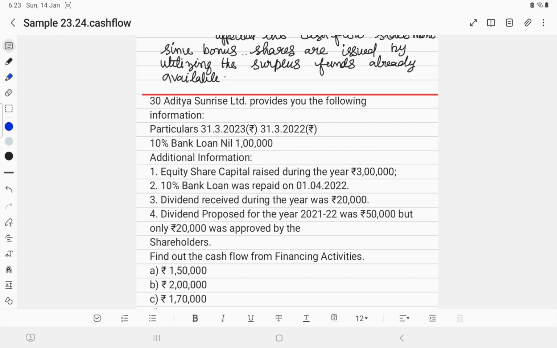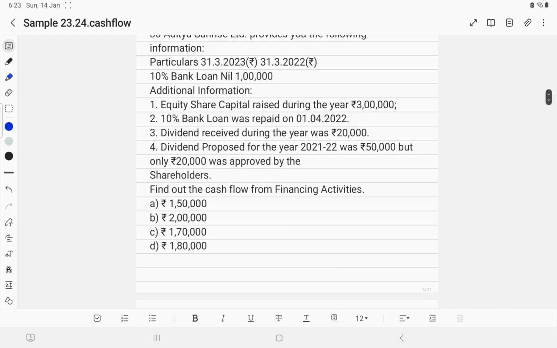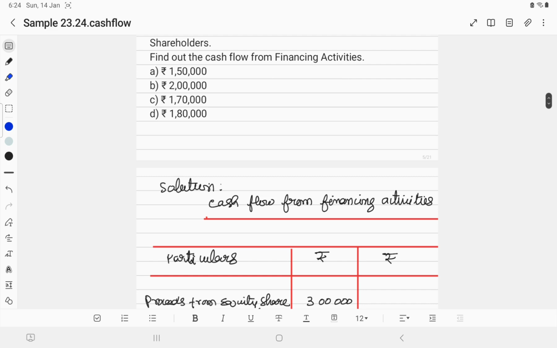Dividend received during the year was rupees 20,000. 4. Dividend proposed for the year 21/22 was rupees 50,000, but only rupees 20,000 was approved by the shareholders. Find out the cash flow from financing activities. A. Rupees 1,50,000. B. Rupees 2 lakhs. C. Rupees 1,70,000. D. Rupees 1,80,000.